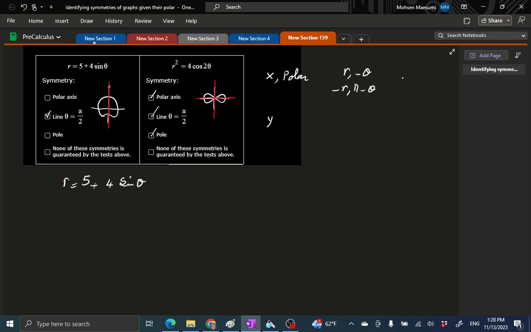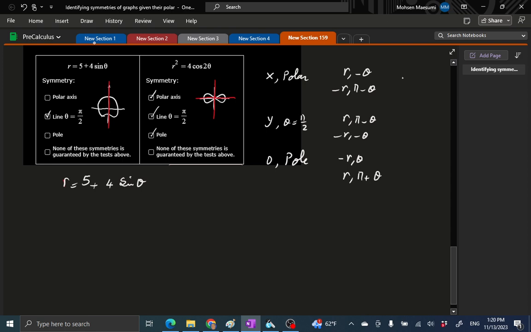With respect to y-axis, or theta equal to pi over 2, that would be changing to r and pi minus theta, or minus r and minus theta. And with respect to the origin, which is also referred to as the pole, this is going to be changing r and theta to minus r and theta, or r and pi plus theta.